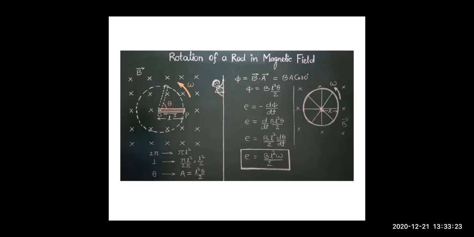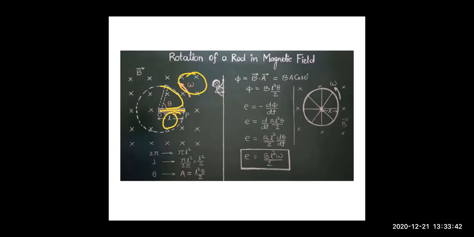Second thing, here we are having a conducting rod of length L, and we are rotating the rod with angular velocity omega. The length of the conductor is L, right children?